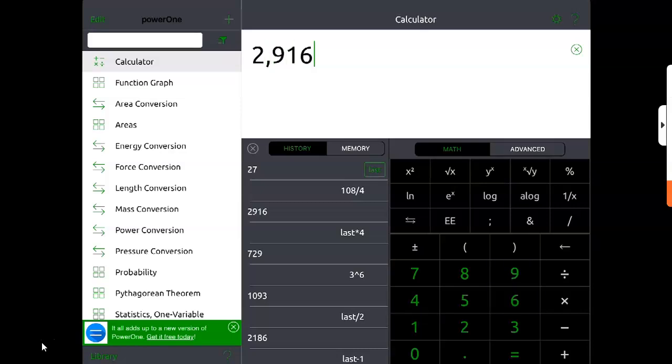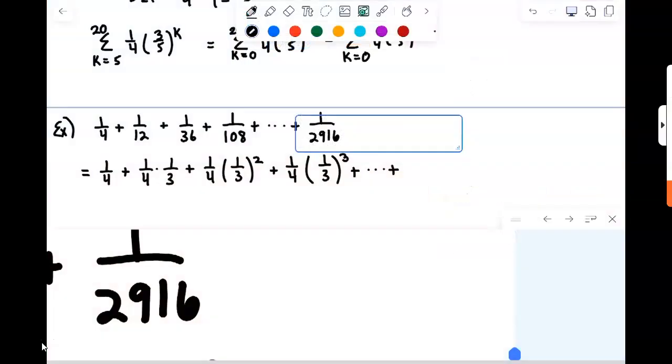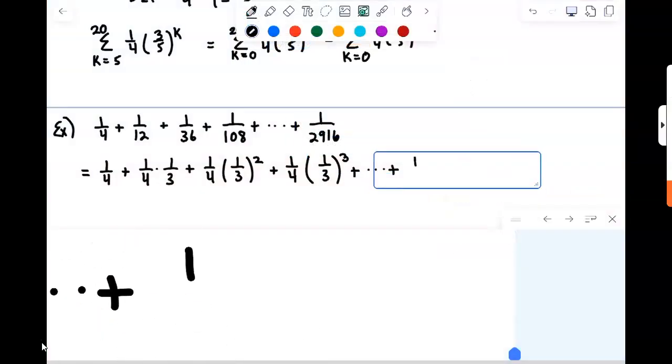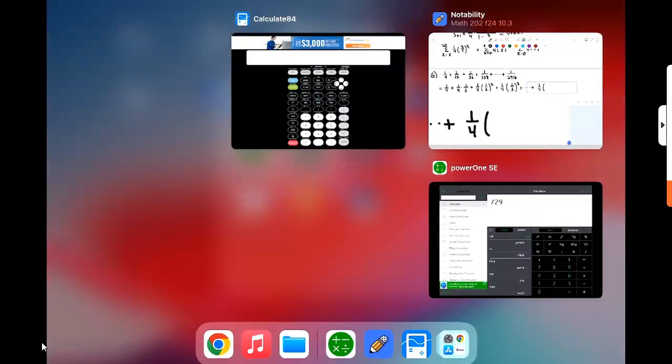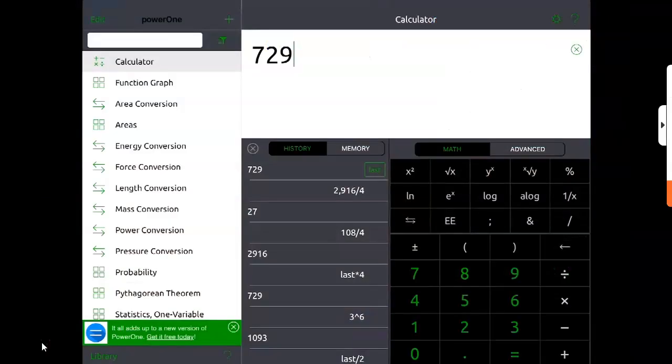So 29/16, let me take the 4 out of that. That leaves me with 729. 1/4 times 1/729. And now I'm going to see what the heck is 729 in terms of 3.